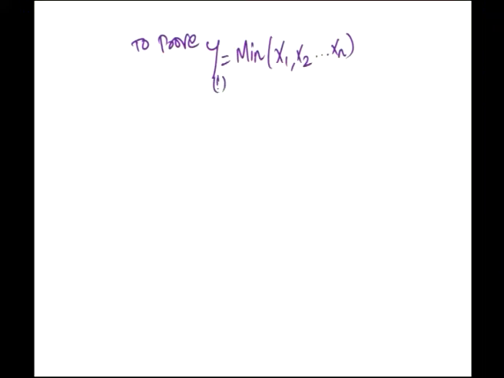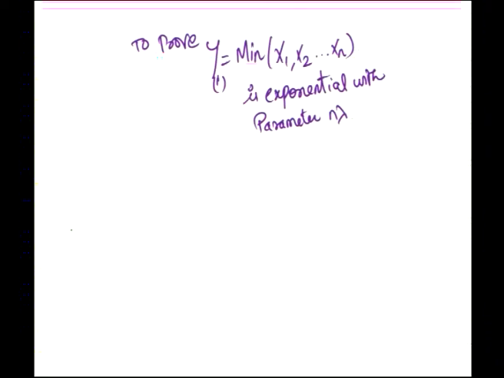So, order statistic y1 is equal to minimum of x1, x2, x3 etc. up to xn is exponential with parameter n lambda. Okay. So, first of all take xi. Since all xi's are IIDs, all will be having the same PDF and CDF.